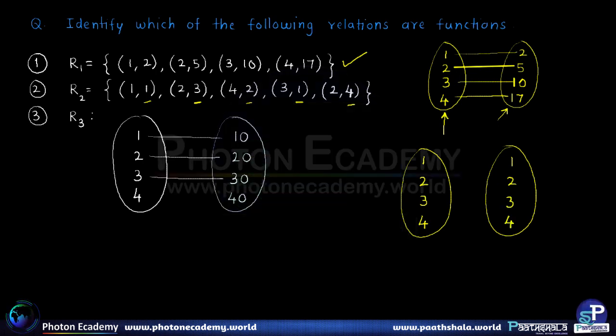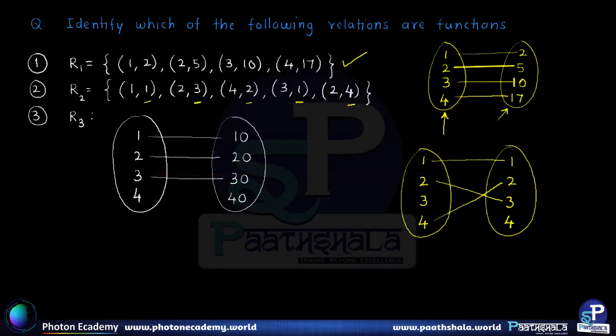Alright. Now we have to join the arrows and depict the given ordered pairs. So first is (1, 1), second is (2, 3), third is (4, 2), then we have (3, 1), and then we have (2, 4). So this is the relation given to us.